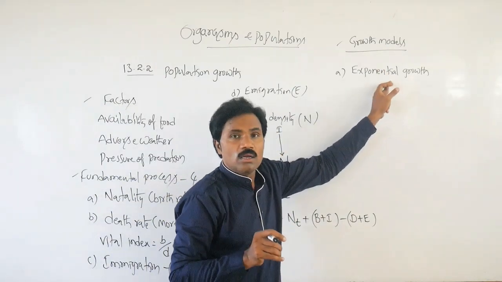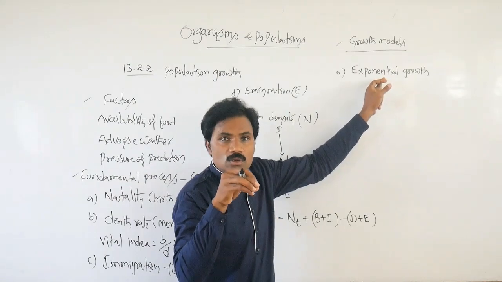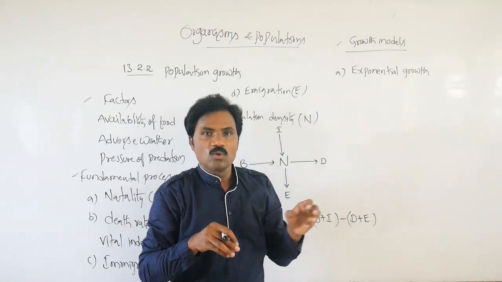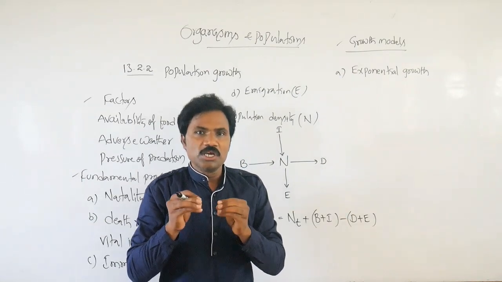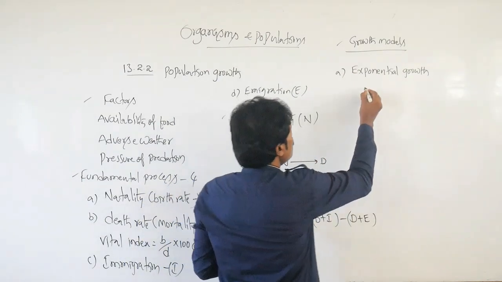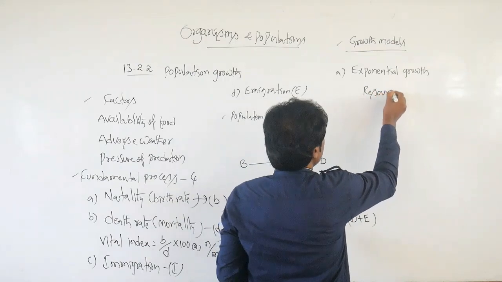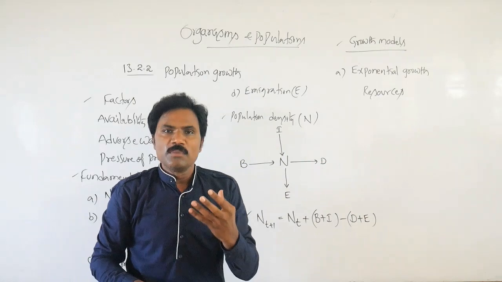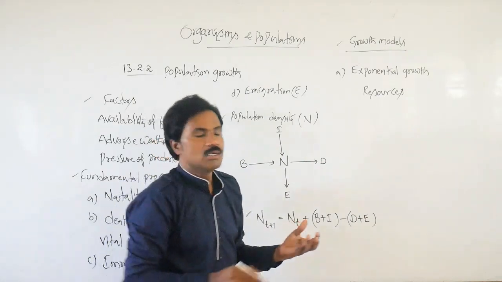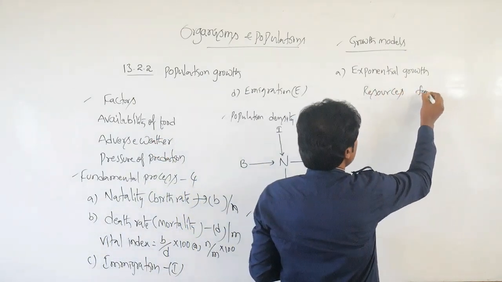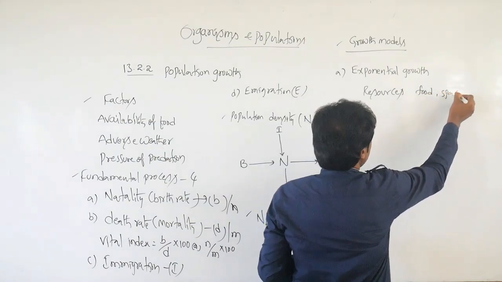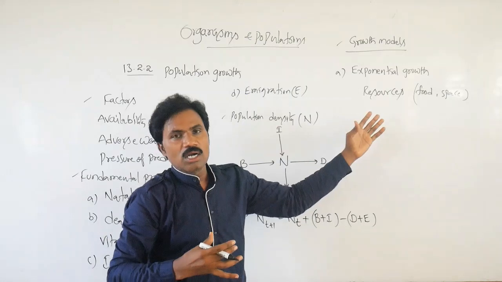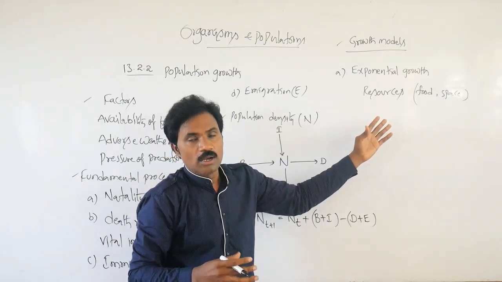But when in a population we call it exponential growth, especially whenever resources are available. What are the resources? The major resources are food as well as space. They must be abundant and uncontrolled, that is important.